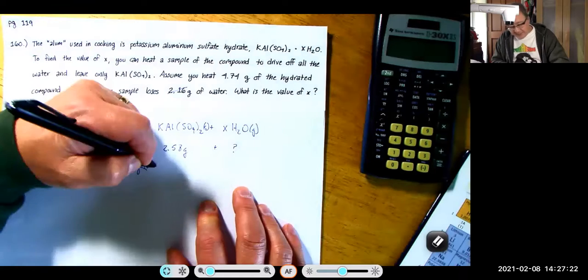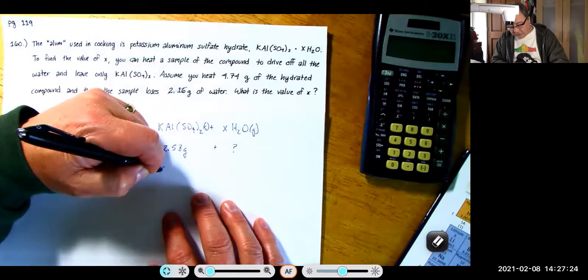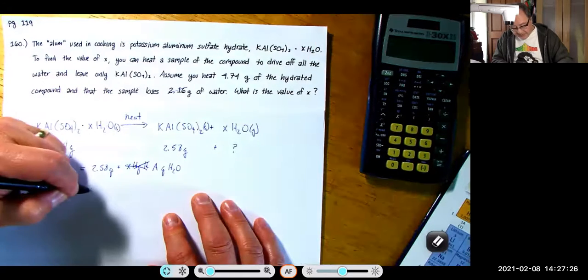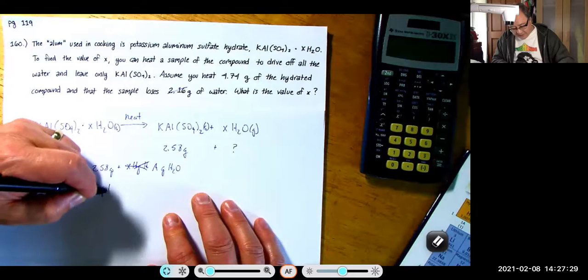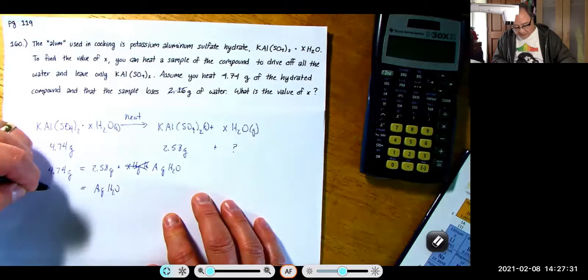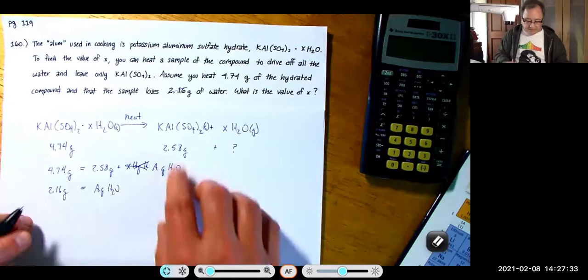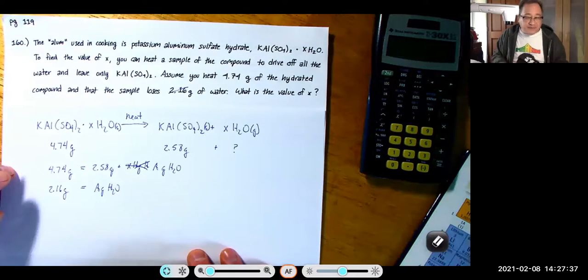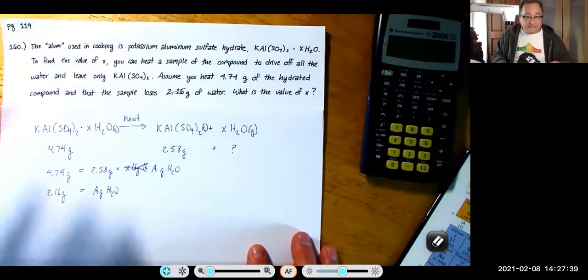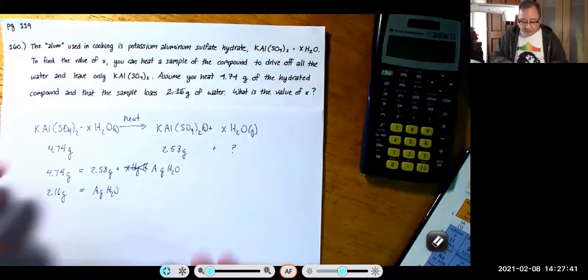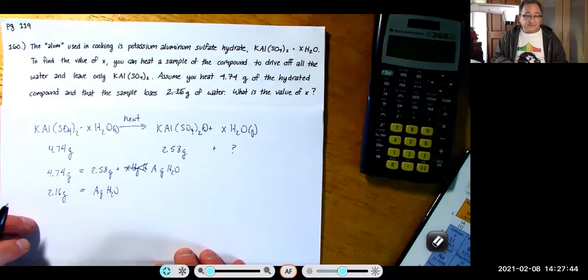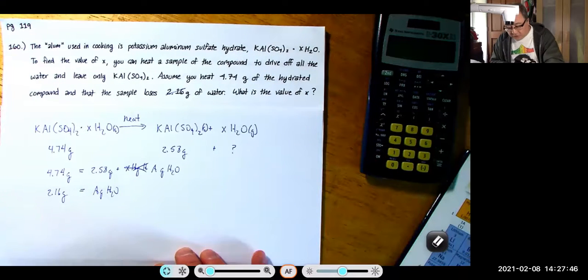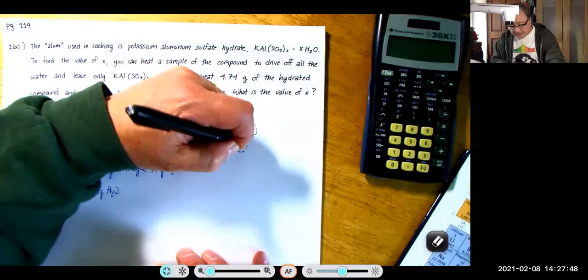I'm going to call this A grams of H2O. So that means that A grams of H2O ends up being 2.16 grams. And that's what they give you here. So normally you don't weigh the water, you figure it out because it gets away. Any questions about this problem so far? So I'm going to go ahead and put 2.16 grams here.